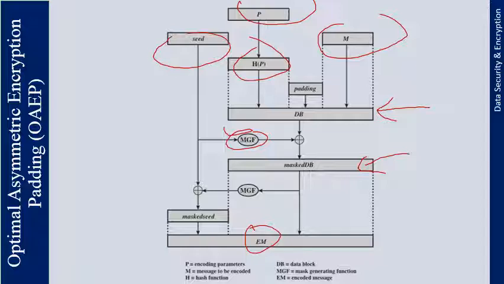Note that the encoded message includes the padded message masked by the seed, and the seed masked by the masked data block. The encoded message is then encrypted using the RSA algorithm.